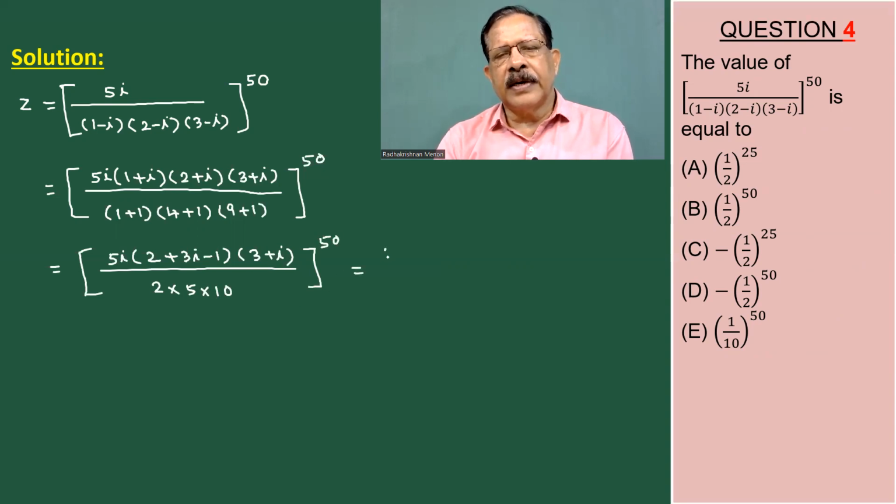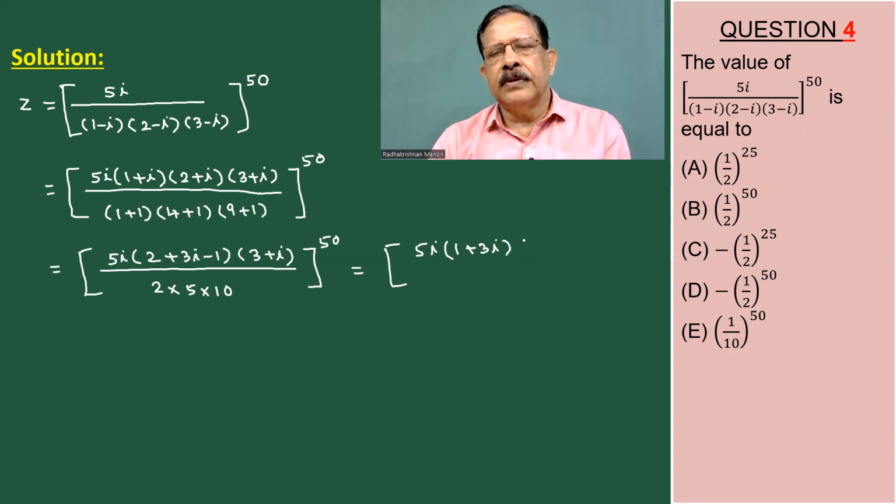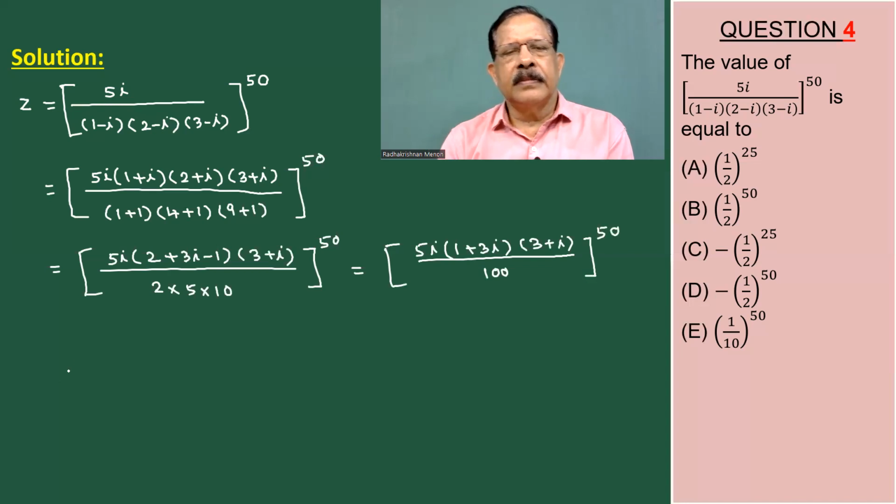Again we are simplifying. The numerator is 5i into (2 minus 1, that is 1, plus 3i) into (3 plus i), divided by 100, the whole raised to 50.